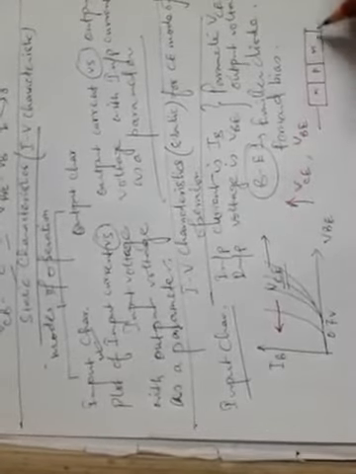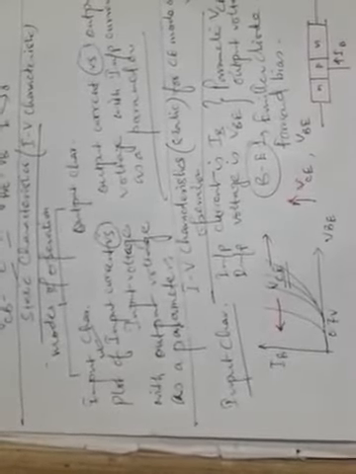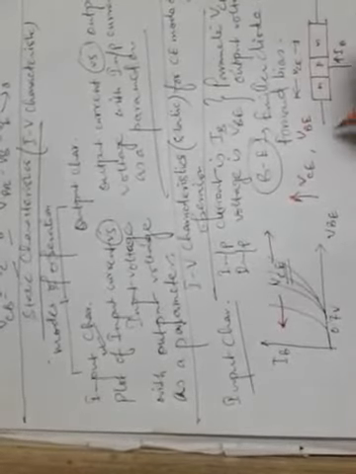That means if you consider an NPN BJT like this, IB is the base current, and VCE is between the collector and emitter. This is the emitter, this is the base, and this is the collector.